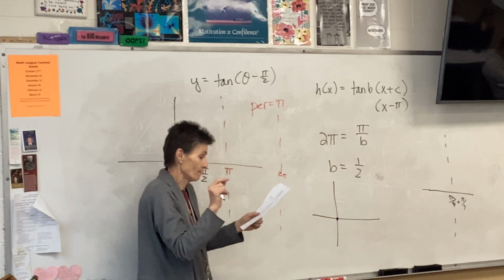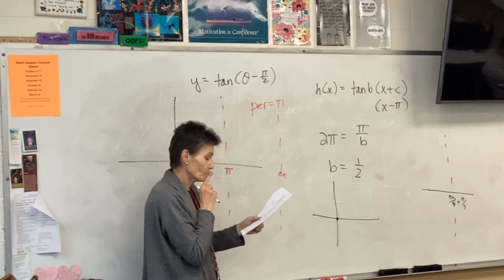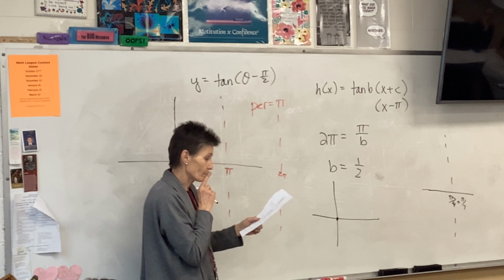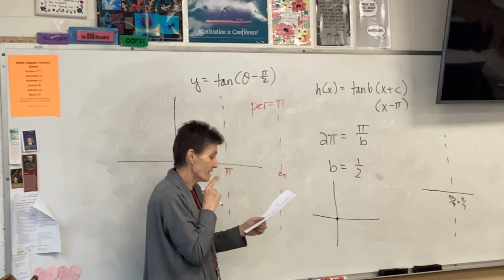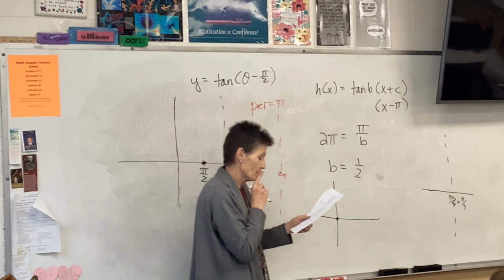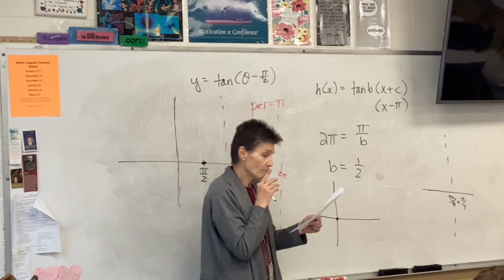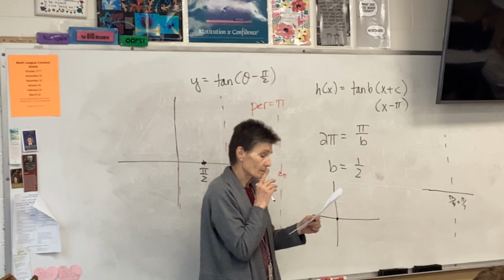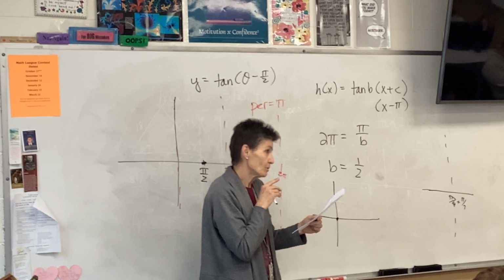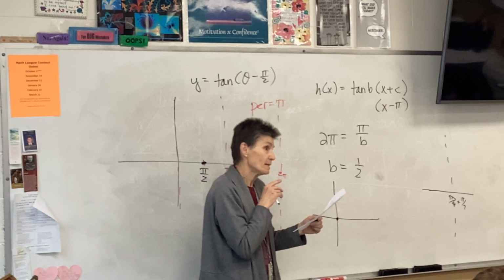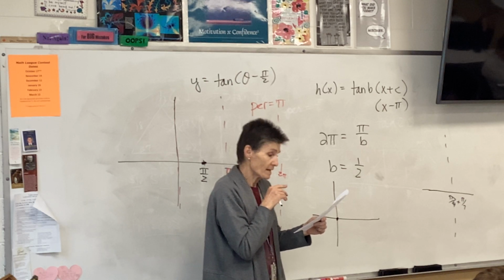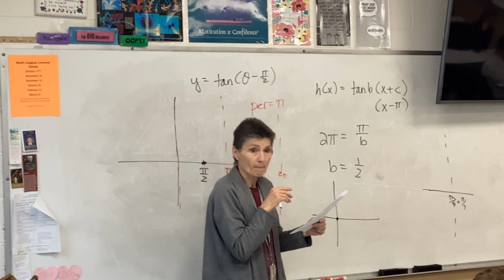Okay, so it's not D. It's not A. Why is it not A? It's not upside down, yeah. Okay, so what's the period? Pi over 2, which means B has to be 2. So the answer is C.